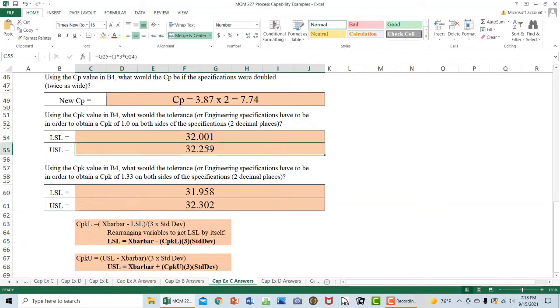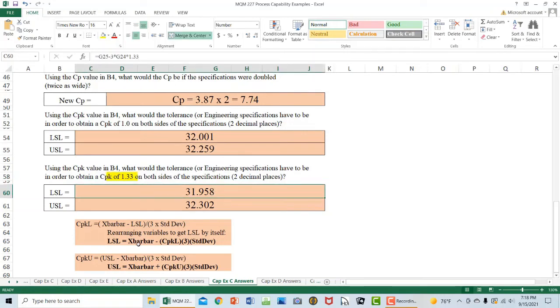And for the upper specification limit, if we wanted to change that, we would have X bar bar plus a CPK U, which we're choosing, we want to have a 1. So we put 1 in there, times 3 times our standard deviation, we come up with that number. And let's just suppose that we want to have a CPK of 1.33. Well, what would our specification need to be, our limits?